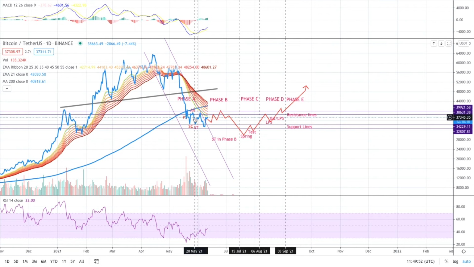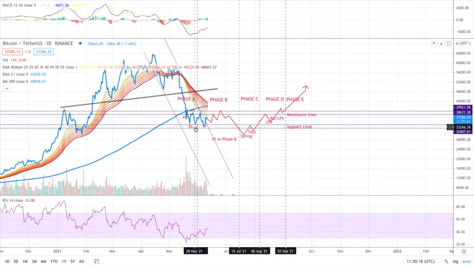After the automatic reaction, we get a secondary test of the lower resistance, and at this point we're very well establishing our trading range, the accumulation trading range, and this is what Bitcoin has been doing essentially since the 19th of May. We've basically been trading between $40,000 and $30,000.